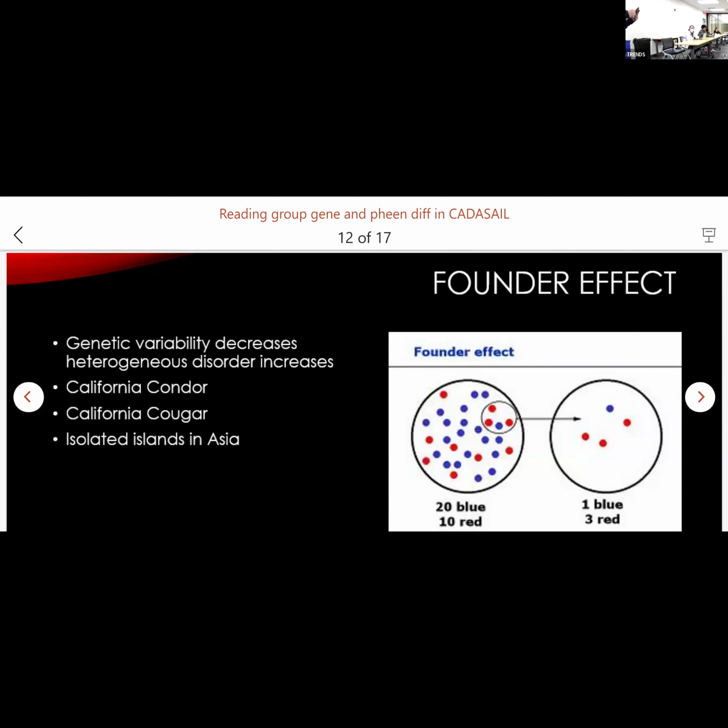And so they have interbred to the point where their genetic variability is decreased, and their disorders are pretty bad, and some of them have actually been infertile because of it. There's been a lot of talk about redoing the highways just to stop the species from going extinct from this very similar concept itself.